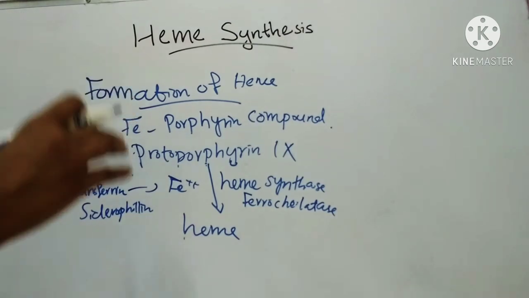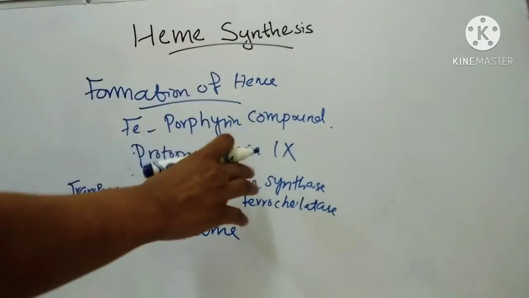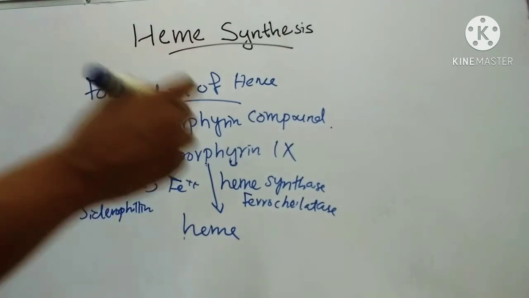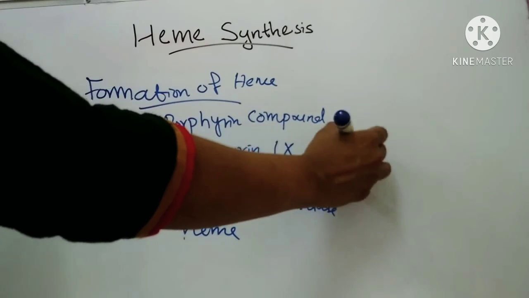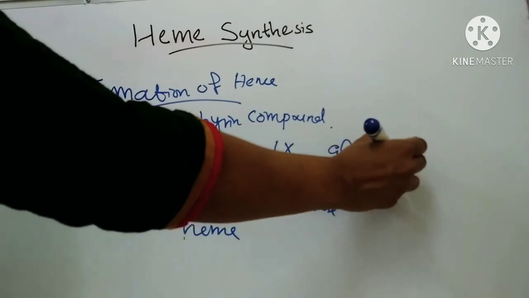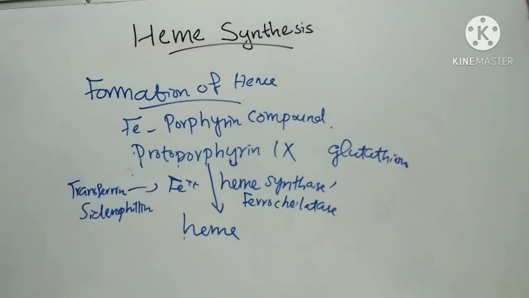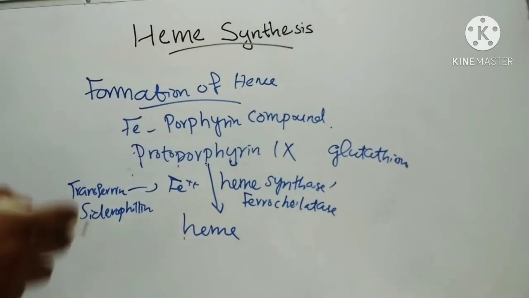For optimal function of the enzyme heme synthase or ferrochelatase, it requires anaerobiosis and reducing agents such as glutathione. So heme is produced.